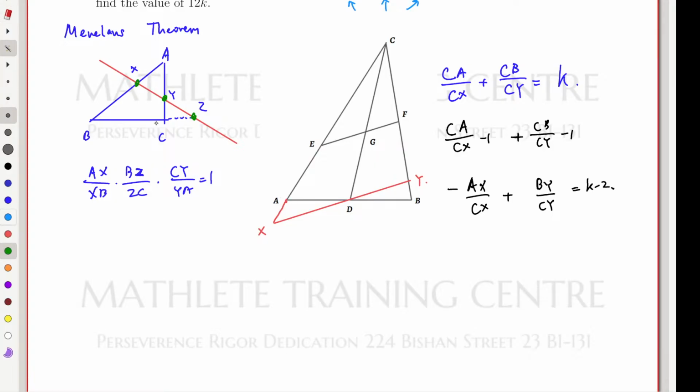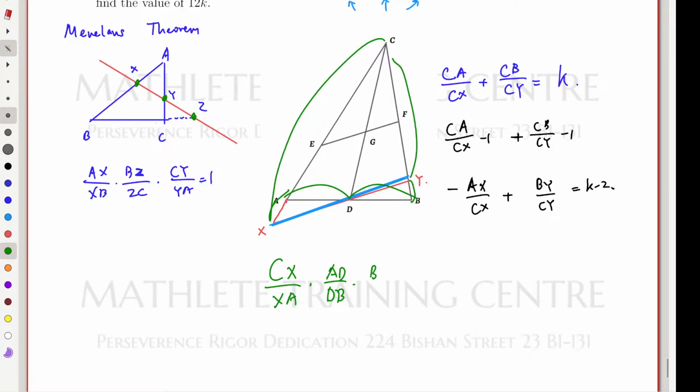You want to treat the triangle as ABC and the transversal as XDY. So you want to jump from C to X to A to D to B, and then B to Y to C. This equals 1 by Menelaus.